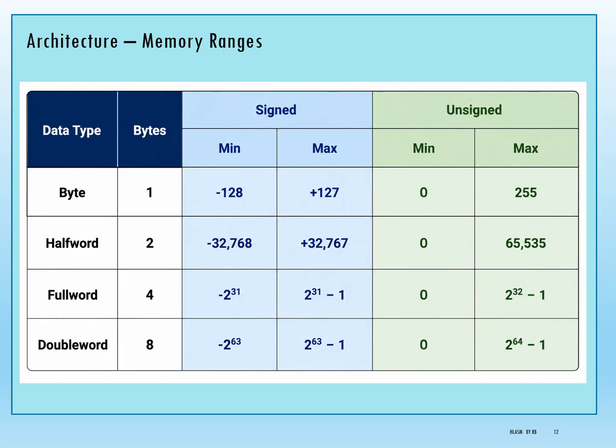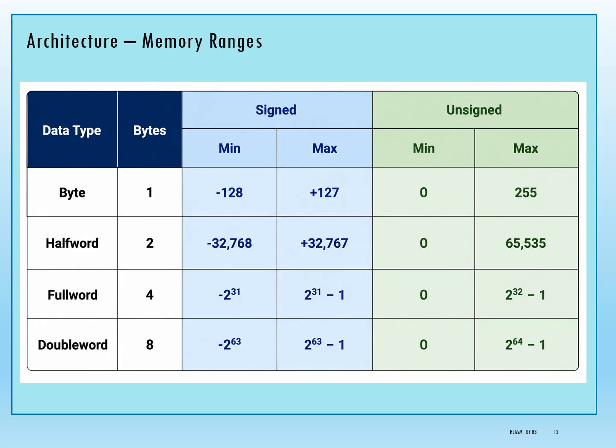I showed in my previous example, if all the bits of a byte are 1, the maximum value a byte can have is 255. Similarly, in a half word, there are 16 bits, so the maximum value you can have is 65,535, and for a full word it is 2 power 32 minus 1. Similarly, for a double word, 2 power 64 minus 1 if it is an unsigned value. When it comes to a signed value, you will see a min and max value.